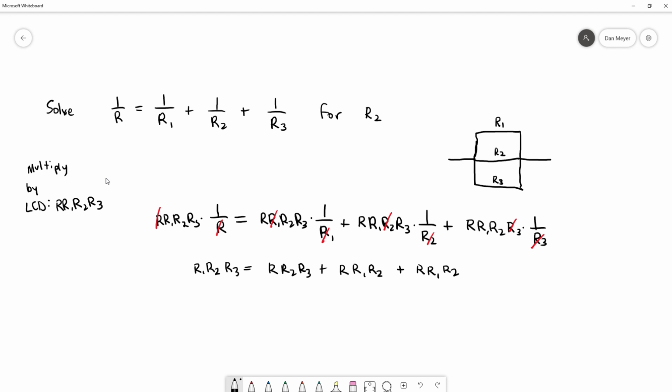Now we're trying to solve for R2 here. And so I think what we want to do is get every term that has an R2 in it on one side and everything else on the other.